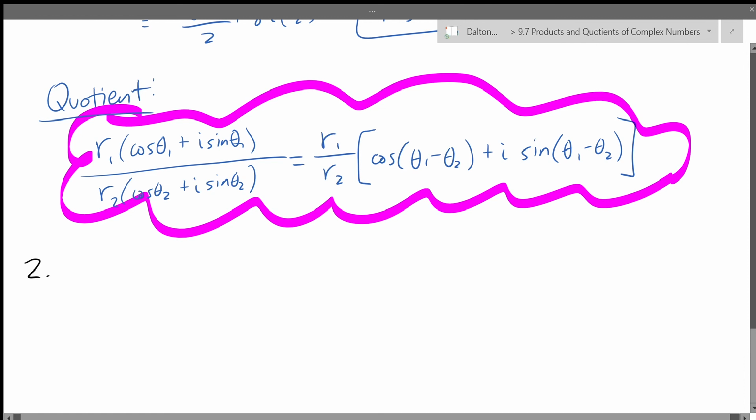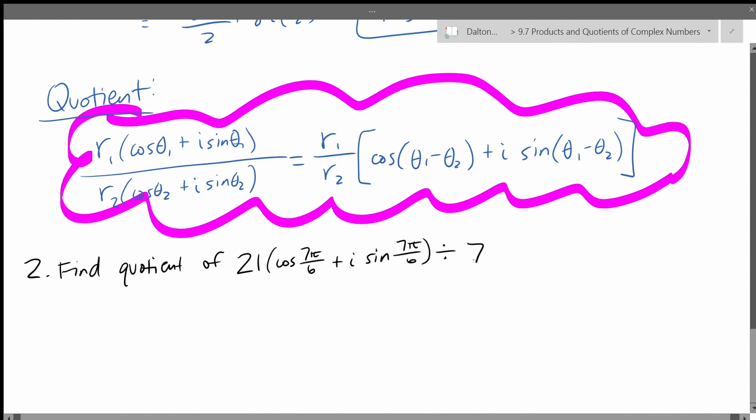So this will be our second and final example. Directions: I want you to find the quotient of 21 times the cosine of 7 pi over 6 plus i times the sine of 7 pi over 6, divided by 7 times the cosine of 4 pi over 3 plus i times the sine of 4 pi over 3.